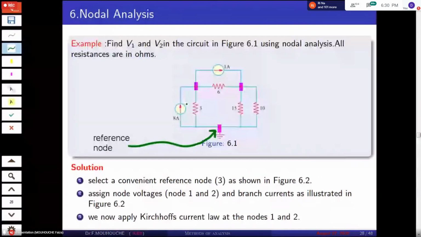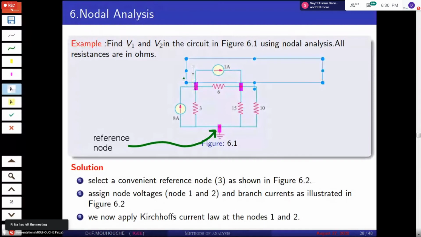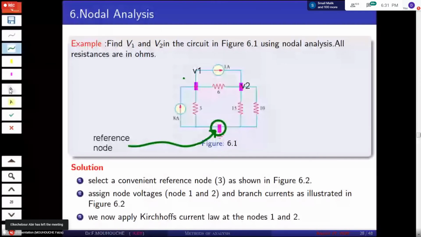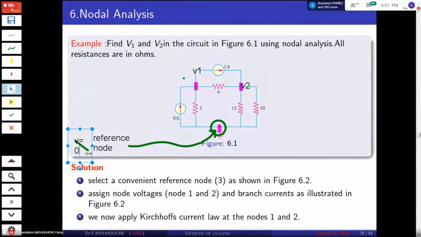For example, in this example, here we call this one V1, and here V2, and this one is called the reference node, with V equal to 0.